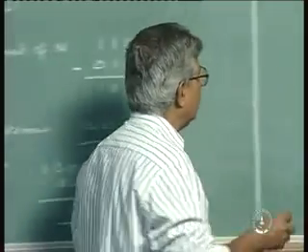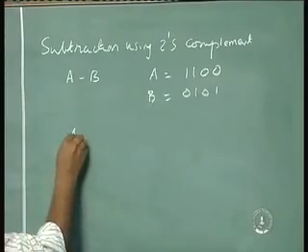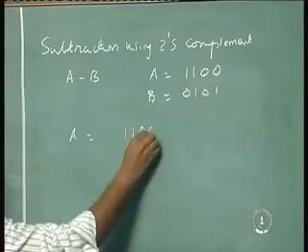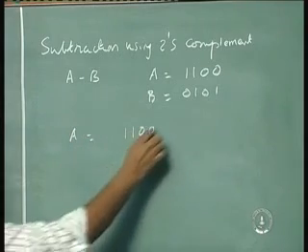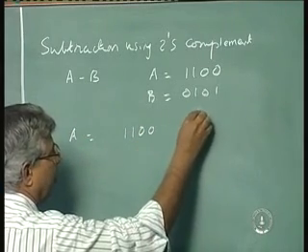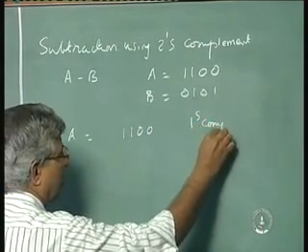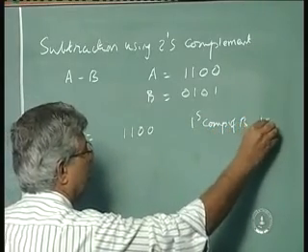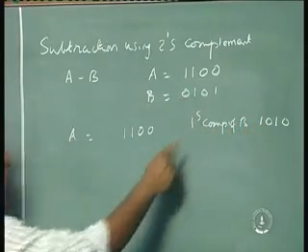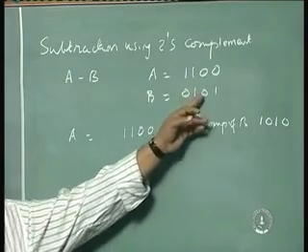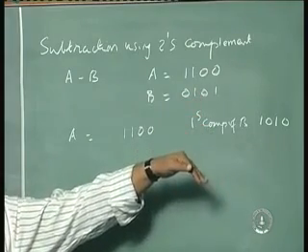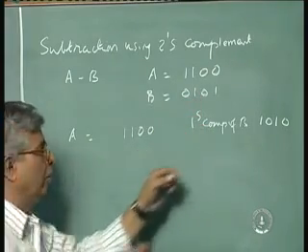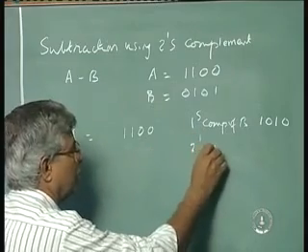So what you do is, I write a as it is, and I find the 2's complement of b. So 1's complement of b I first write. 1's complement of b is 1010. That means complement bit by bit. Each bit you complement. That is 1's complement. Add 1 to it, you get 2's complement.